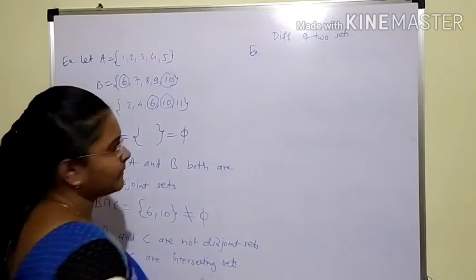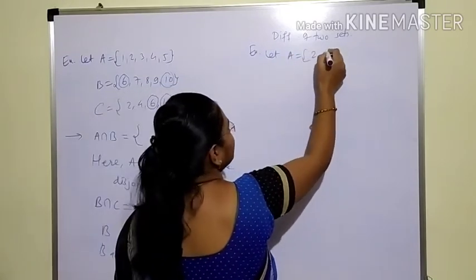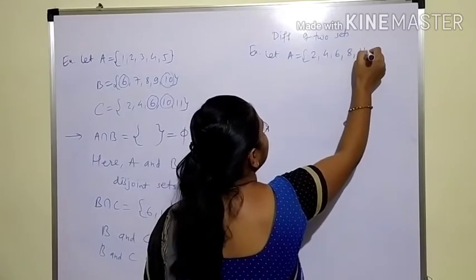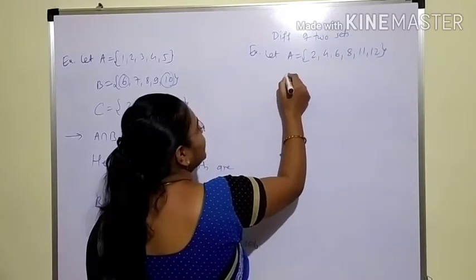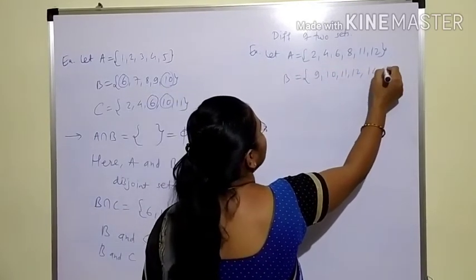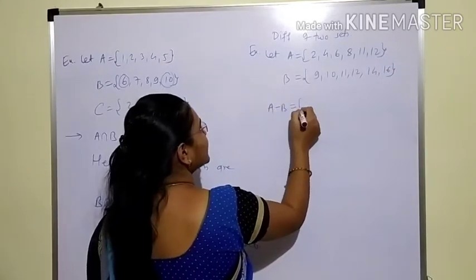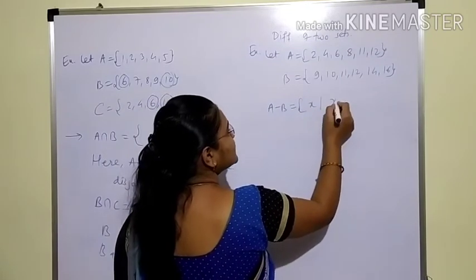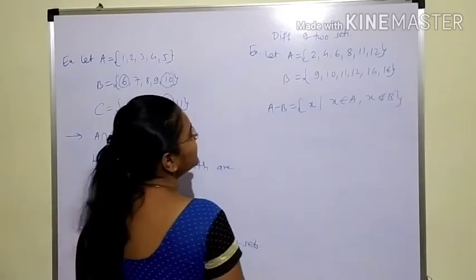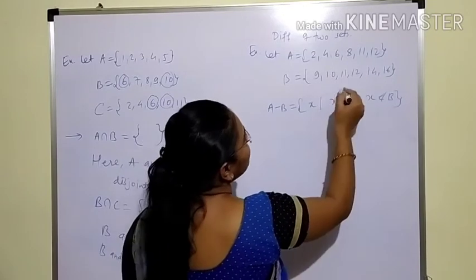Let A have elements 2, 4, 6, 8, 11, 12. Set B has elements 9, 10, 11, 12, 14, 16. Okay. Then A minus B means the set of x such that x belongs to A and x does not belong to set B. So here students, in sets A and B, which elements are there in common?